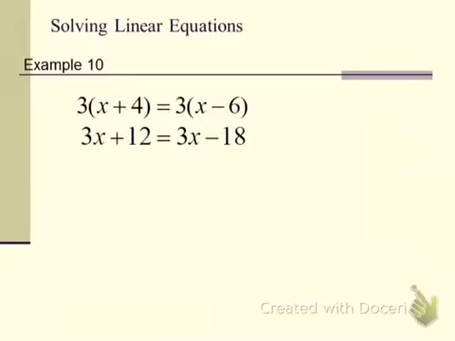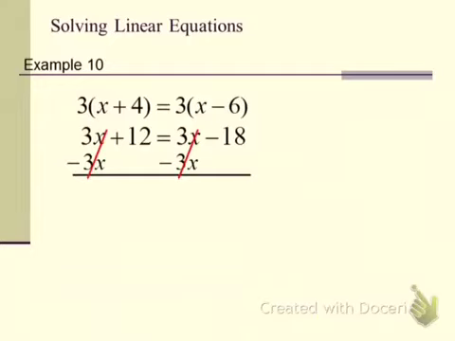But if we continued on and didn't notice that, what would the next step be? Subtract 3x from both sides, right? Some of you are trying to do something different. Remember, the variable always goes first. All right, so if we subtract 3x from both sides, what happens to our x terms? They're gone. No más x's.